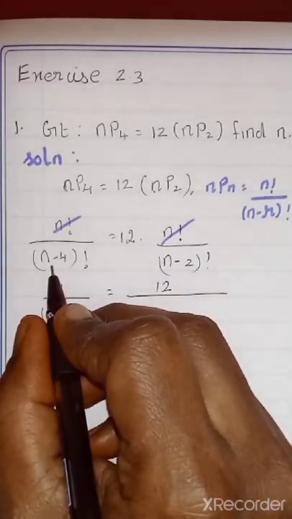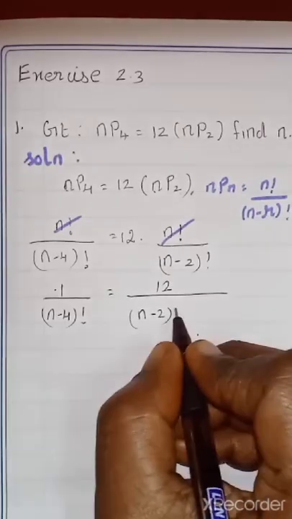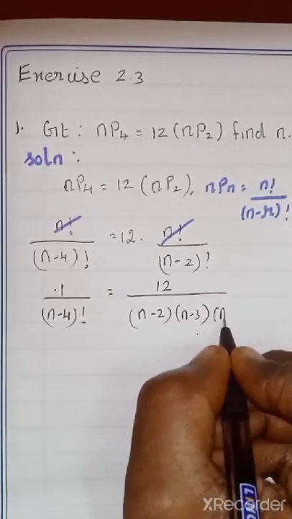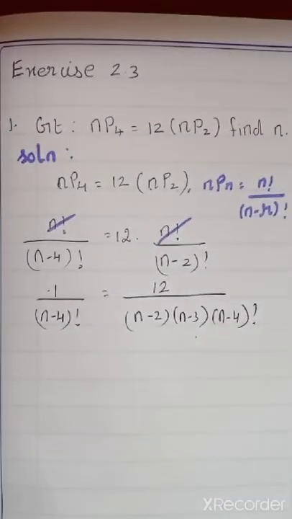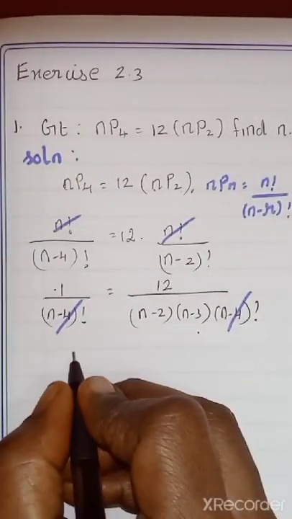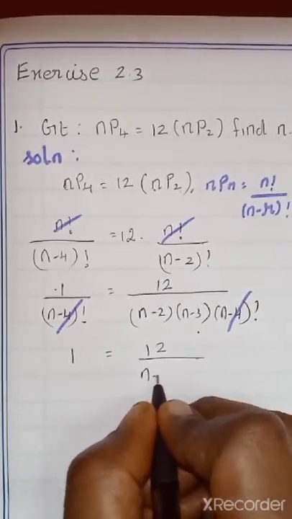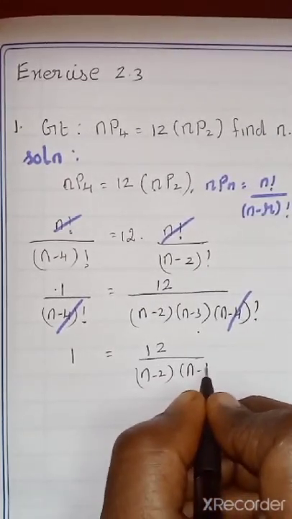We can take till n minus 4 so that you can cancel, right? So this we can take as n minus 2, n minus 3, n minus 4 factorial. So this will get cancelled. Again, what will be remaining? 1 is equal to 12 by n minus 2, n minus 3.